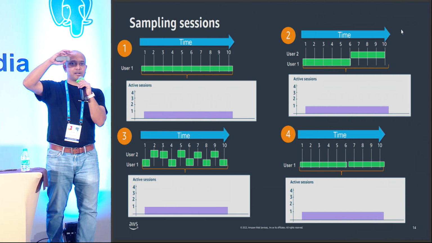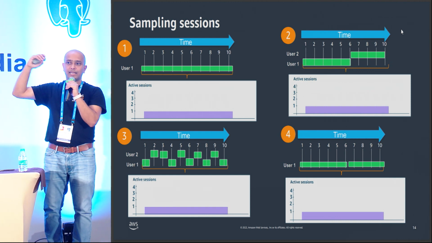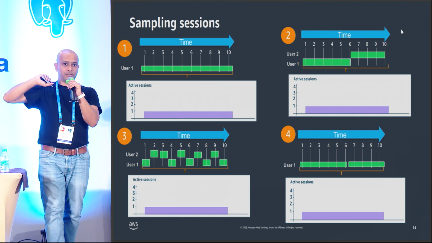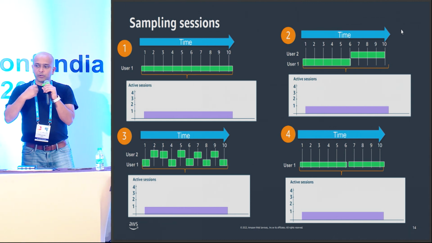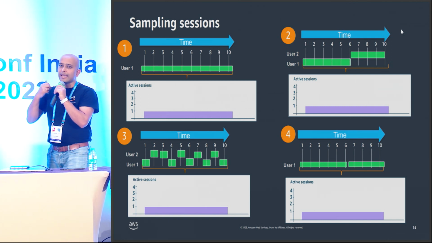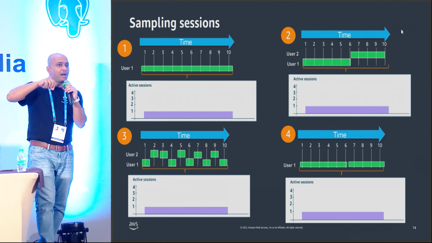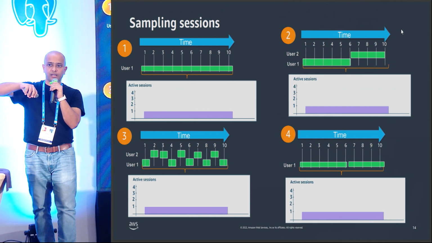If I look at them and try to summarize how many active sessions I have throughout my sampling history, I'll get one active session, right? That's what sampling does. Now, the view you will get by combining these different snapshots is a lot like rendering maps. When you zoom in, you will get the slow running queries.